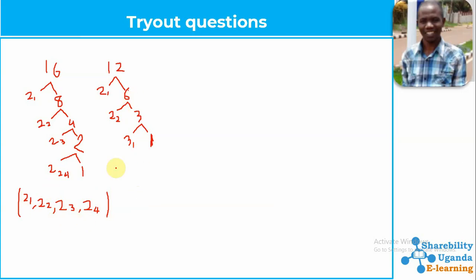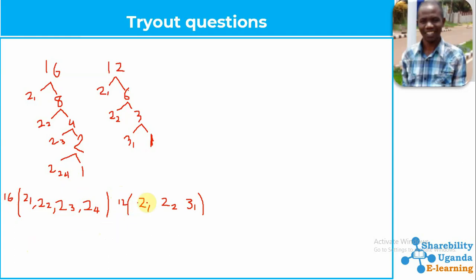So this is now in the form of set notation. Also for the prime factors of 12, we can write them and say we have our 2^1, we have our 2^2, then we have our 3^1. So this is also the prime factors of 12, then the prime factors of 16.